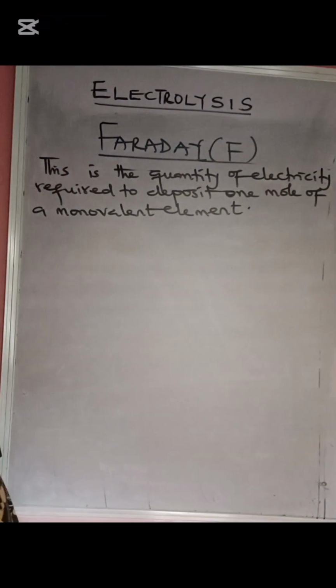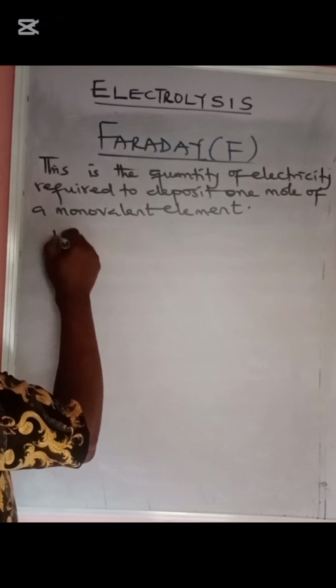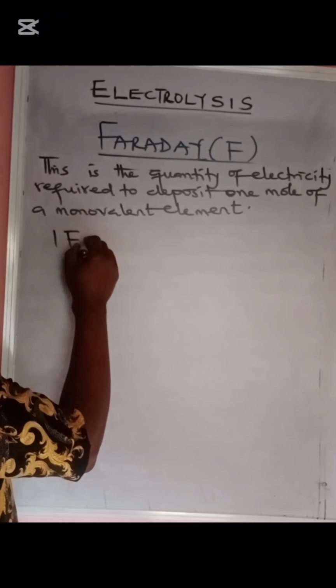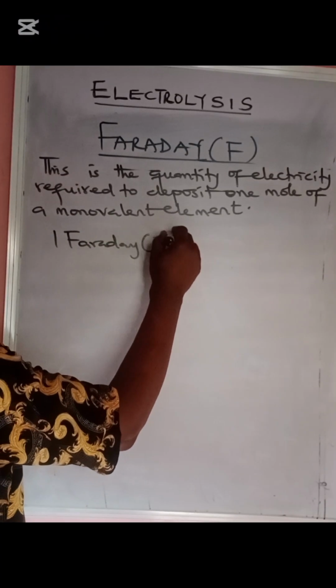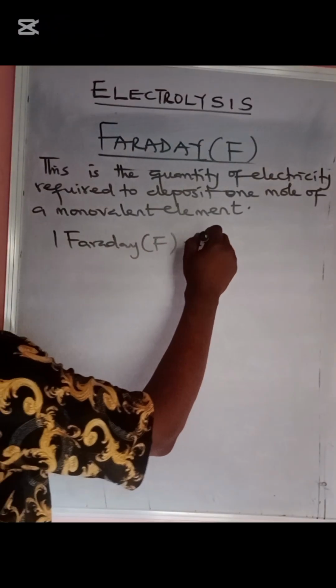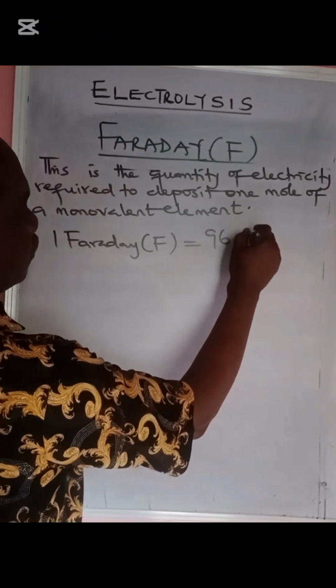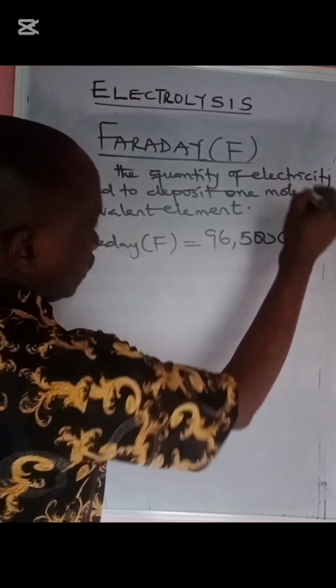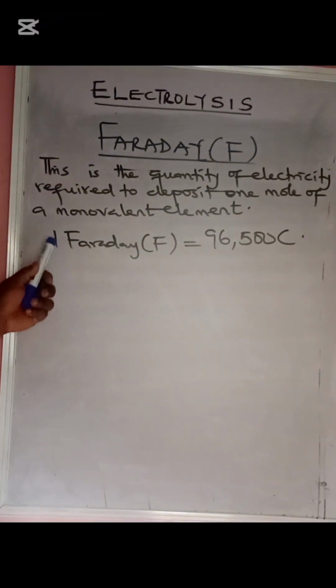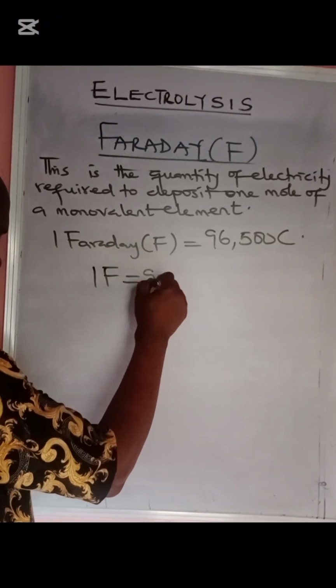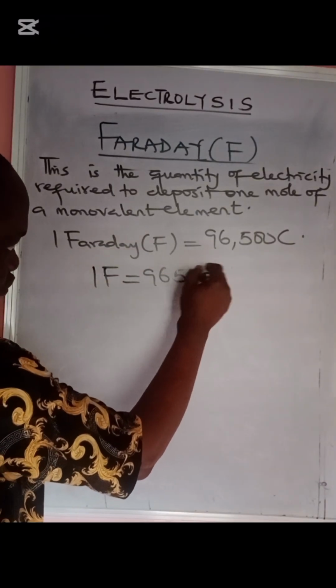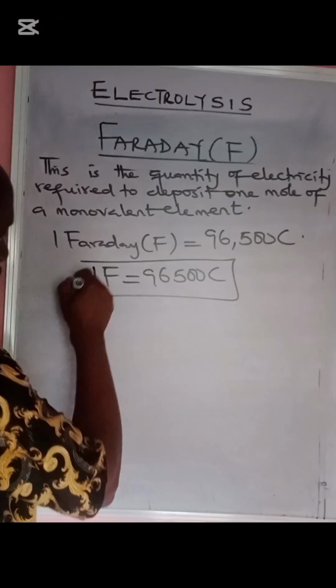Meaning 1 Faraday of electricity, 1F, is the same thing as 96,500 coulomb. So that is the relation between Faraday and the coulomb: 1 F is equal to 96,500 coulomb. Please take note of that.